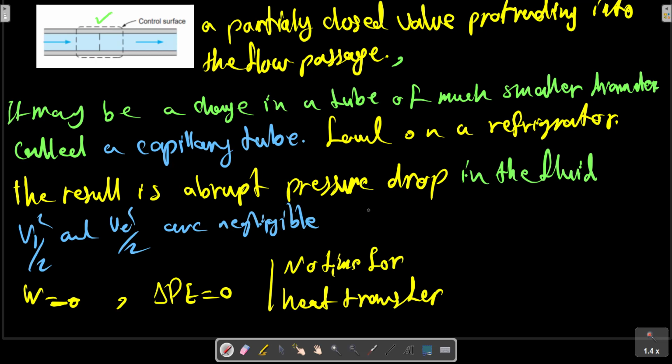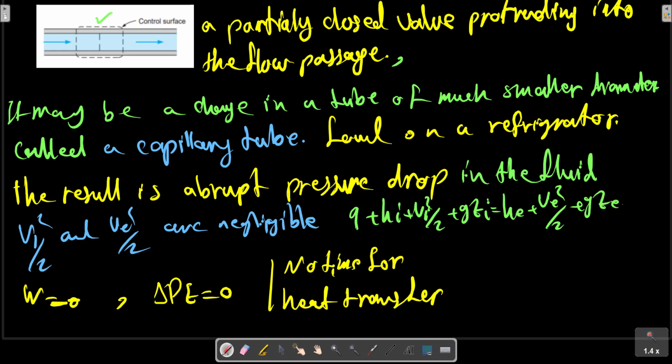We can write the first law: Q plus hi plus KE_i plus gz_i equals he plus KE_e plus gz_e plus W, all of which are 0. The potential energy difference is 0.